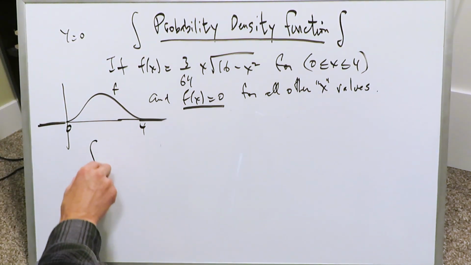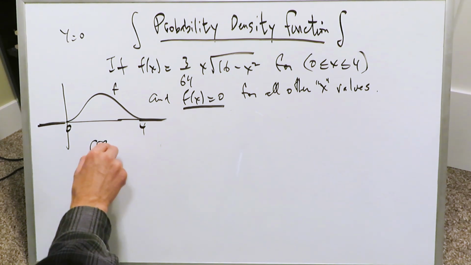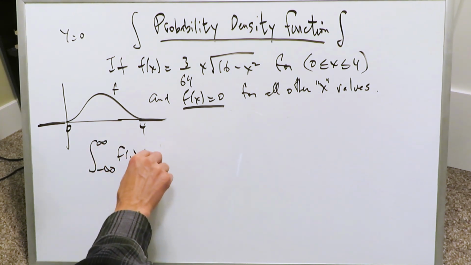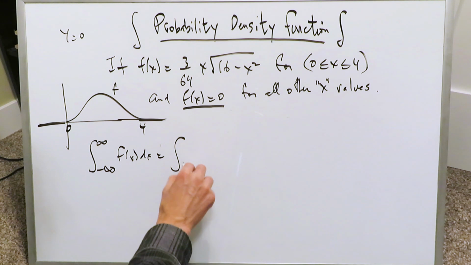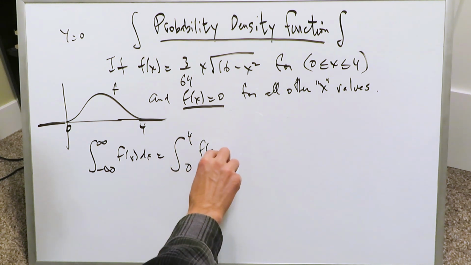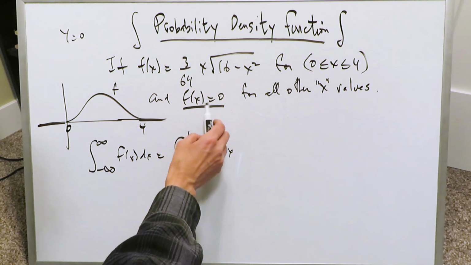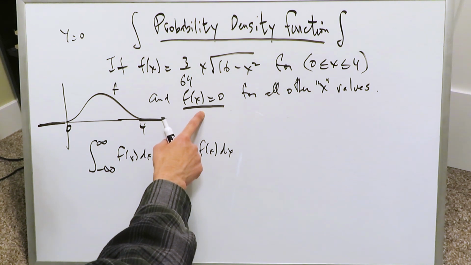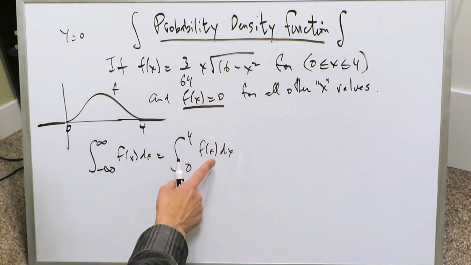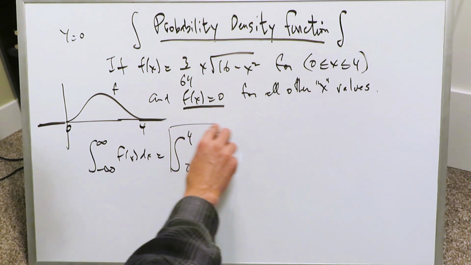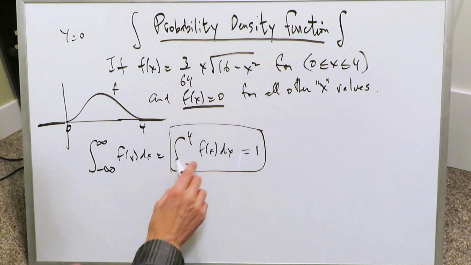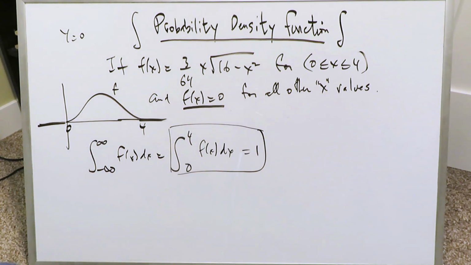Basically, the integral from minus infinity to infinity of f of x dx would be like this, 0 to 4 of f of x dx, because the rest of the values are equal to just your x-axis, y equals 0 for all other x values. We just have to show that this is equal to 1. If this is equal to 1, we do have a probability density function.